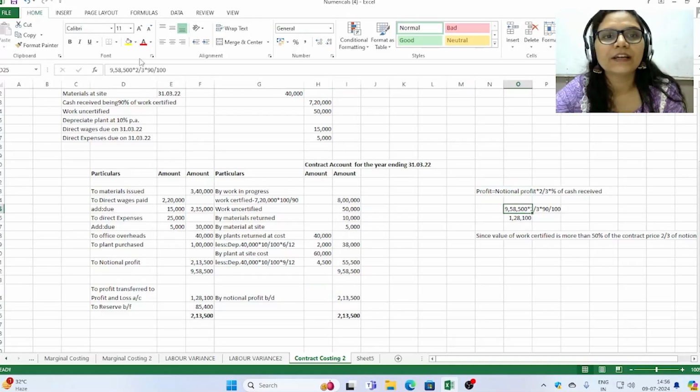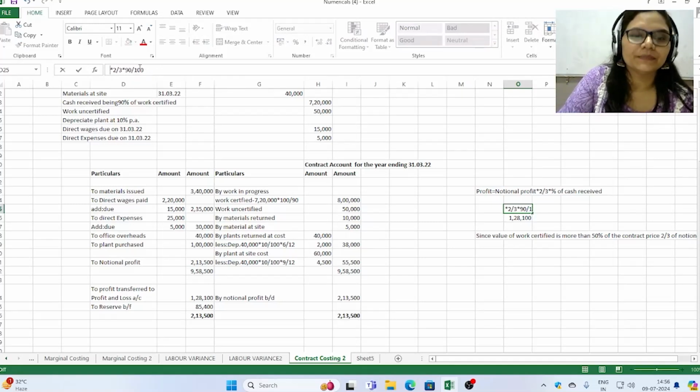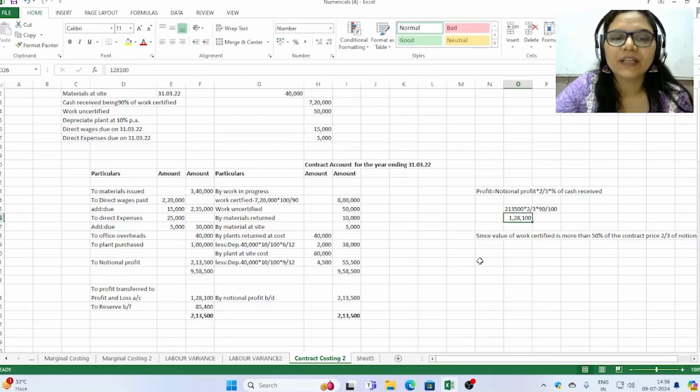It won't be 9,58,500. It will be the notional profit, 2,13,500, which will give you 1,28,100. From 2,13,500, we will deduct 1,28,100. We will get the reserve of 85,400.